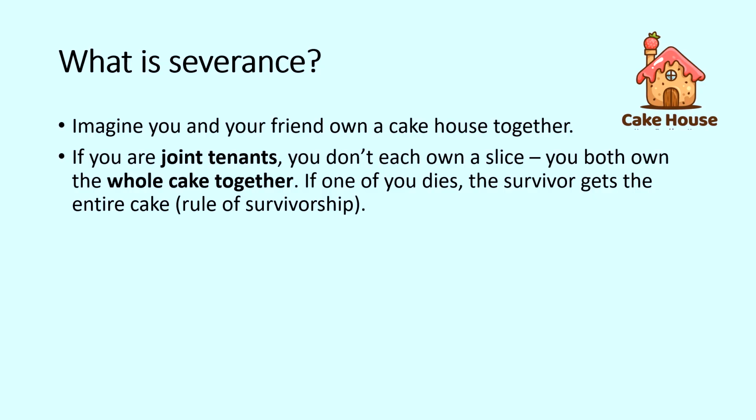Basically, in land law and property terms, everyone owns the whole lot, and that means that in case something happens to you, one person dies, the whole property still remains in the hands of the surviving tenant.